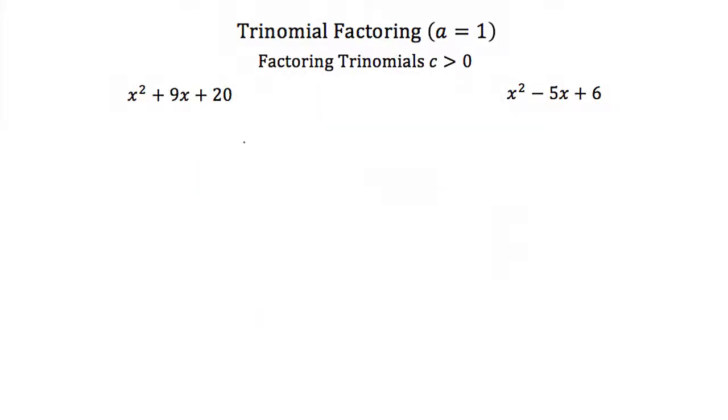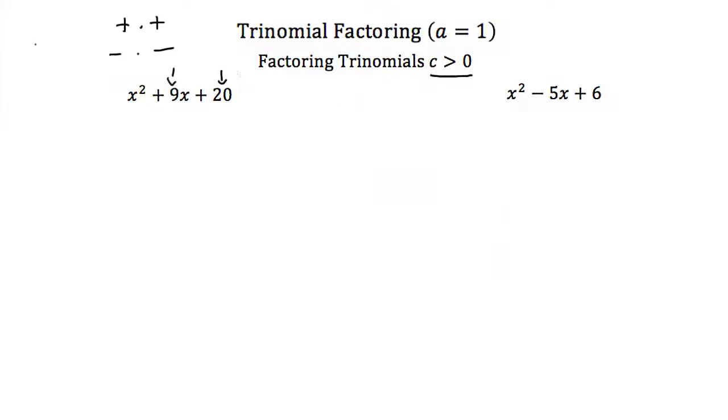When we're factoring trinomials, there's some hints that we can use to help us figure out what numbers multiply together to get our constant term and what numbers add together to get us our linear term coefficient. If we have a trinomial and our constant term c is greater than 0, which means this 20 is positive, well, the only way you can get a positive number when you multiply two numbers together is to multiply two positive numbers or two negative numbers.